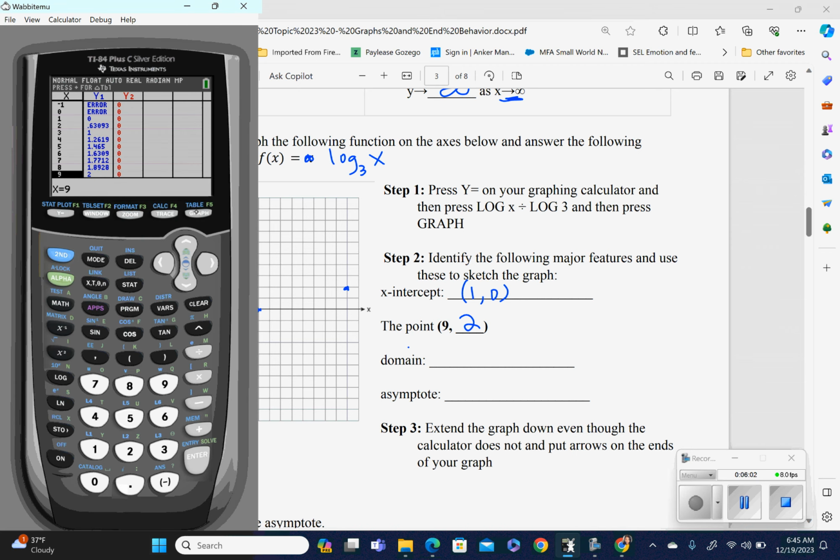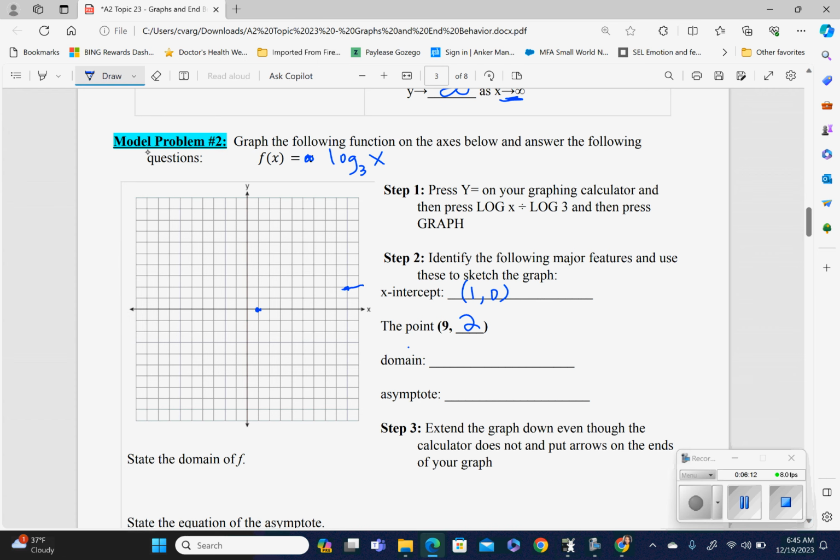So if I go to my graph here, I'm looking for my domain. If I take a look at what's happening here, the graph is getting very, very close to the y-axis. It's going to go something like this, getting very, very close to the y-axis, but it will never cross it.